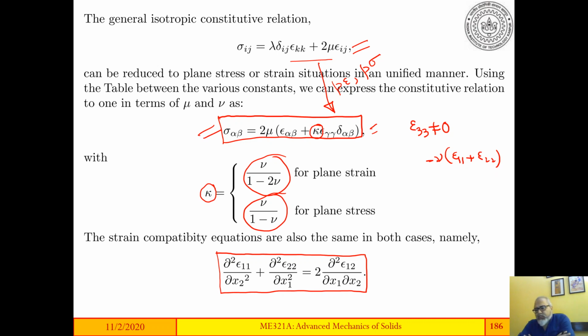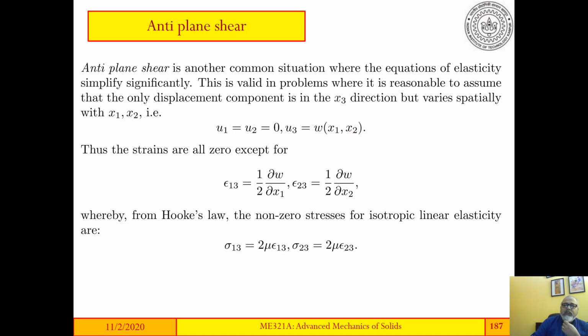The third standard situation, which actually simplifies much more than both the plane strain and plane stress cases, is the anti-plane shear case. The anti-plane shear is something like this. Think of a cross-section of a body. So this is in the x1, x2 plane.